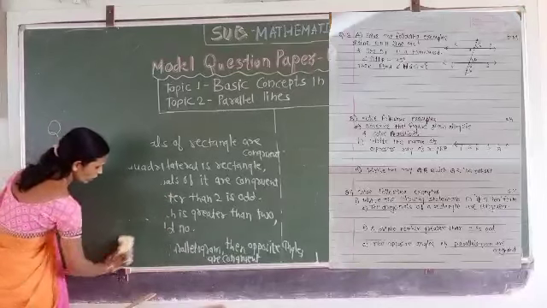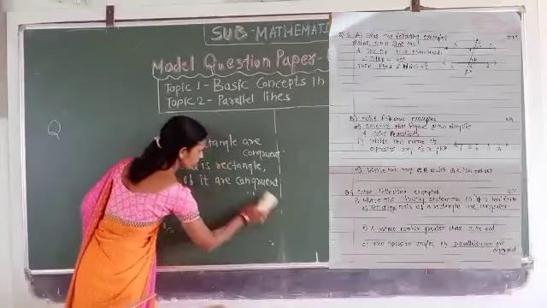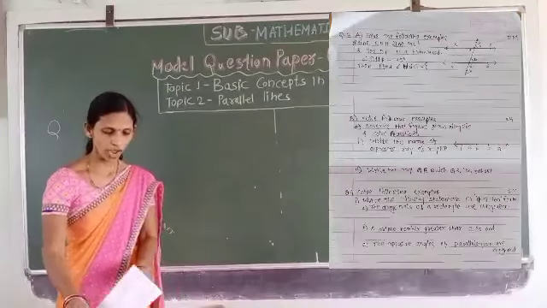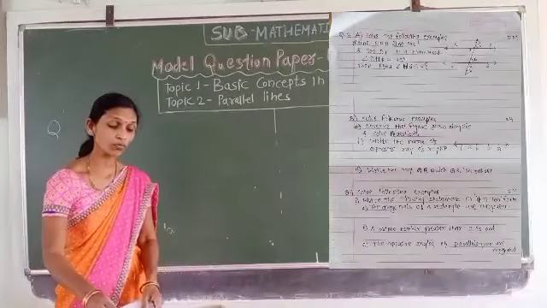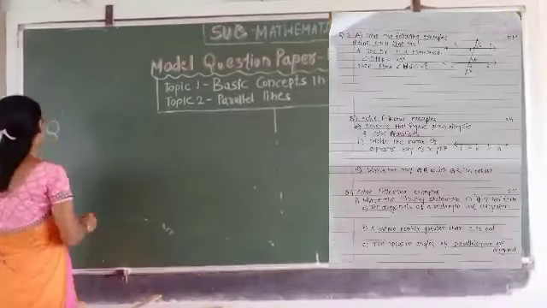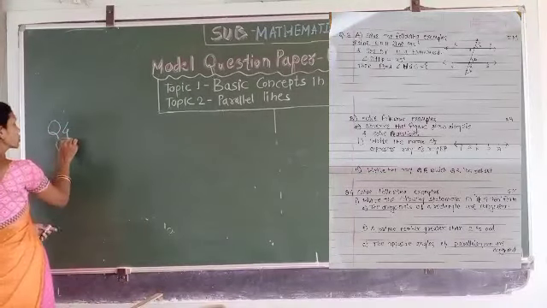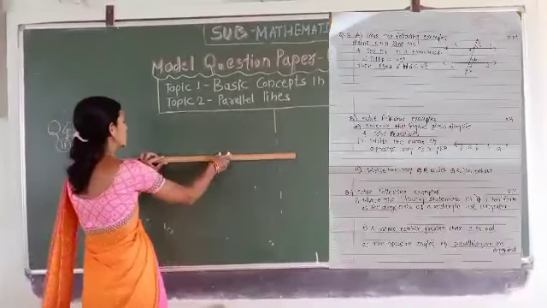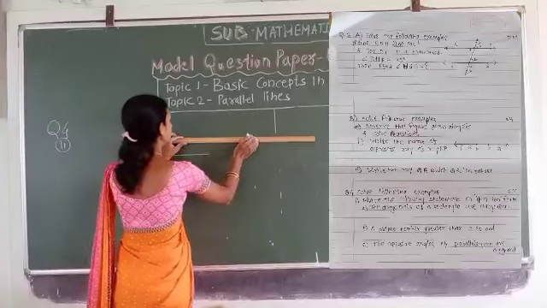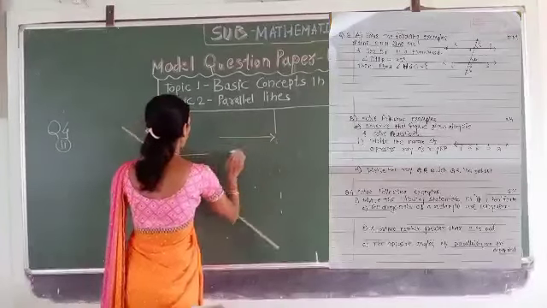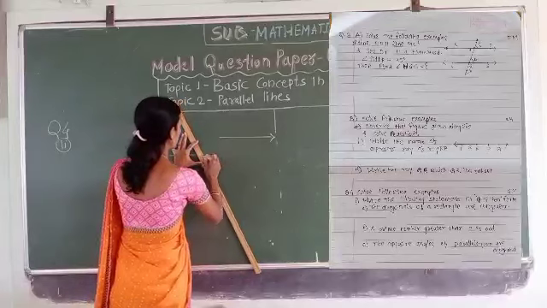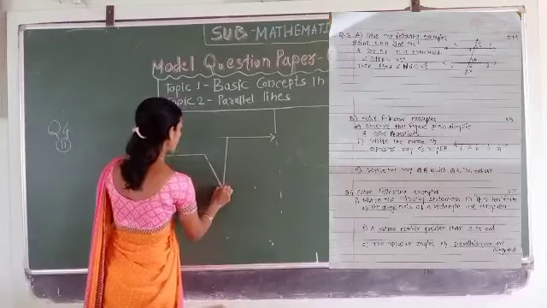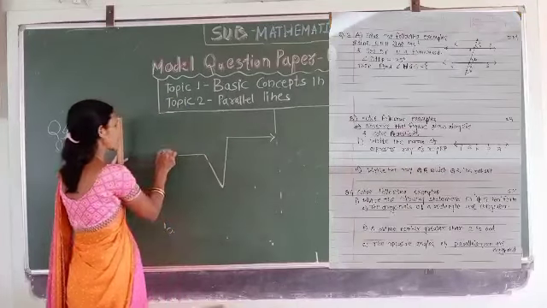Then we will solve the last example here, which is given in question number 4, that is the second example from question number 4. See here, one more figure is given here, and it is necessary to draw this figure to solve the example.